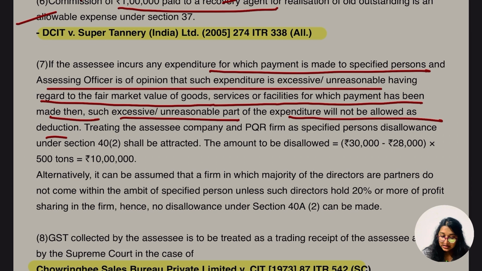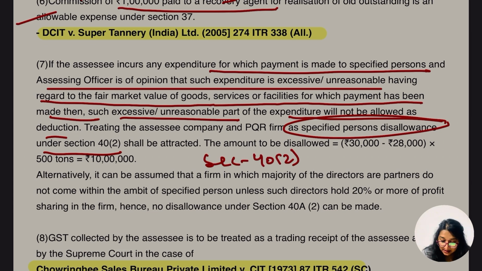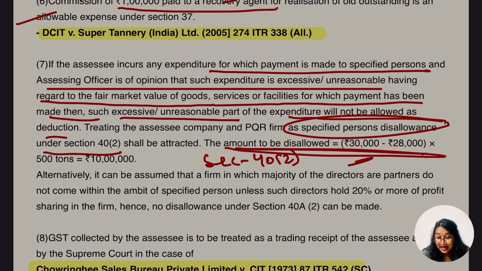So treating the assessee company and PQR as related parties, they are specified persons. Under section 40 subsection 2, this amount is going to be disallowed here, okay. 30,000 as the fair market value outside was 28,000 and to the related party was 30,000. So the excess amount is going to be disallowed here.